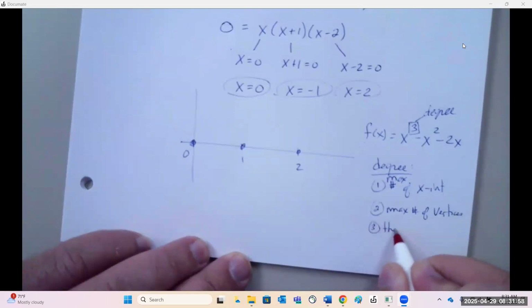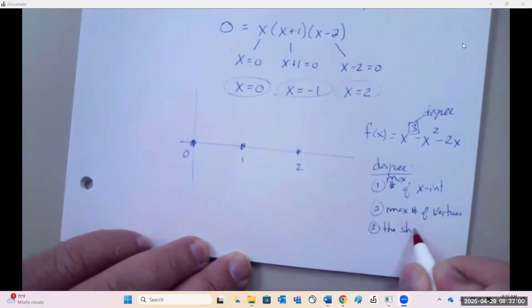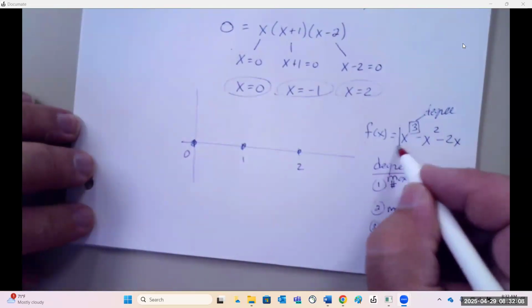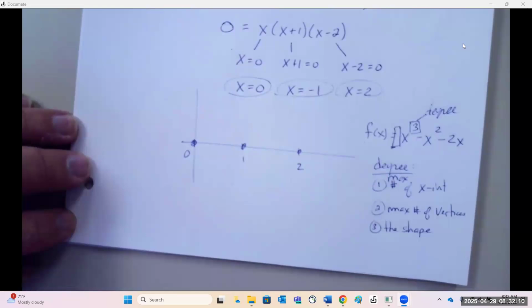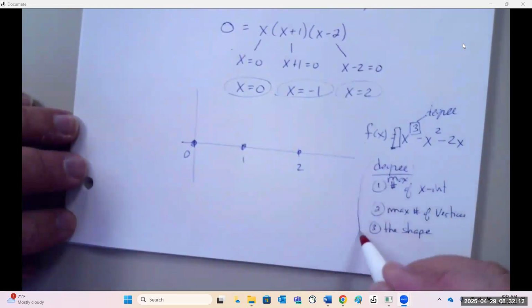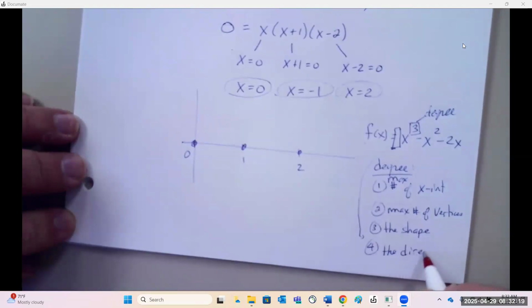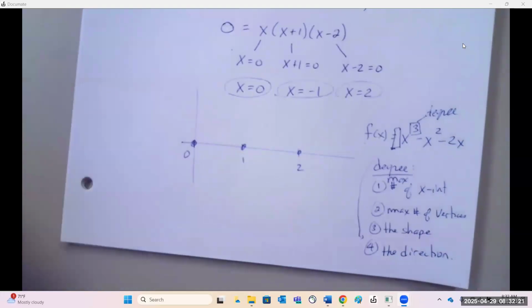It also tells us the shape of the curve. The leading coefficient tells us the direction of the curve.